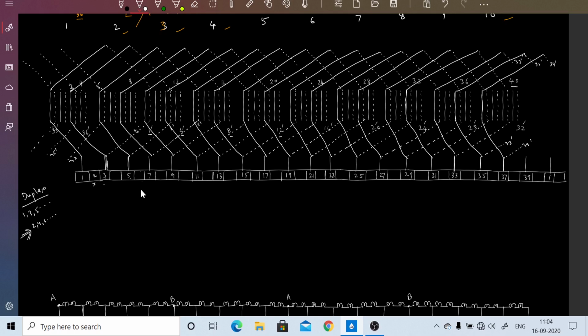It is coming from 37 dash, and it will be connected to commutator segment 39 here. Now the last coil, the 39th coil, this is the 39th coil upper side, so this will be connected to the 39th segment, and it will go to 39 prime. 40th prime is before 39 prime, so this is 39, and this 39 will go to the first segment.